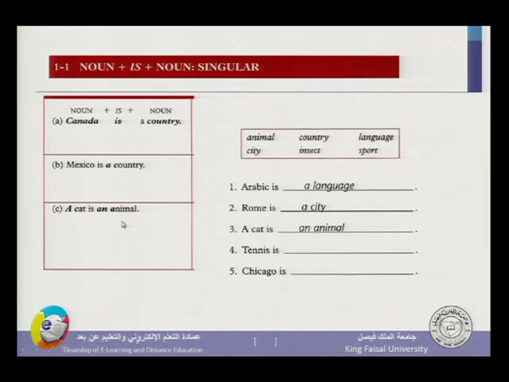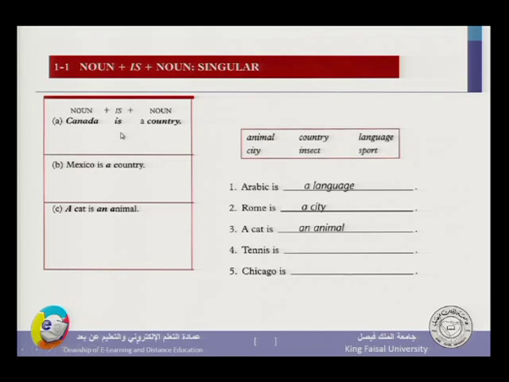Remember as well that the tricky part here is that many Arabic learners of English actually apply the rules of Arabic into English. So in Arabic we say, for example, in this first sentence we say Canada dawla, right? But in English we should use this is. In Arabic we do not use the verb be.